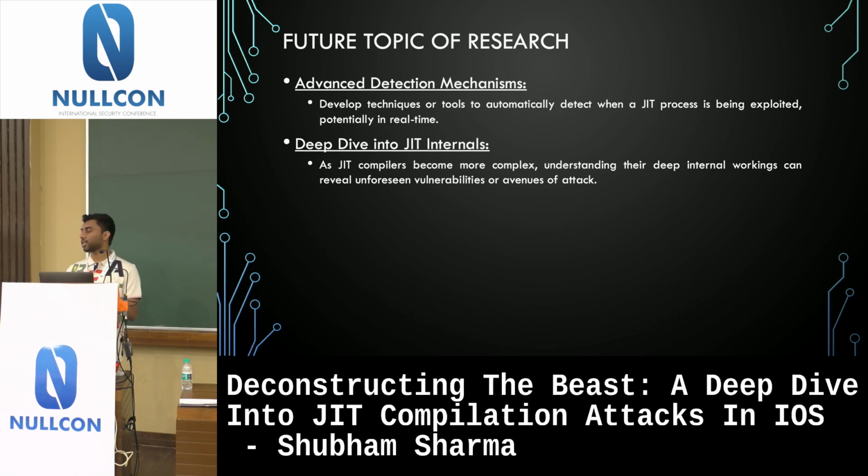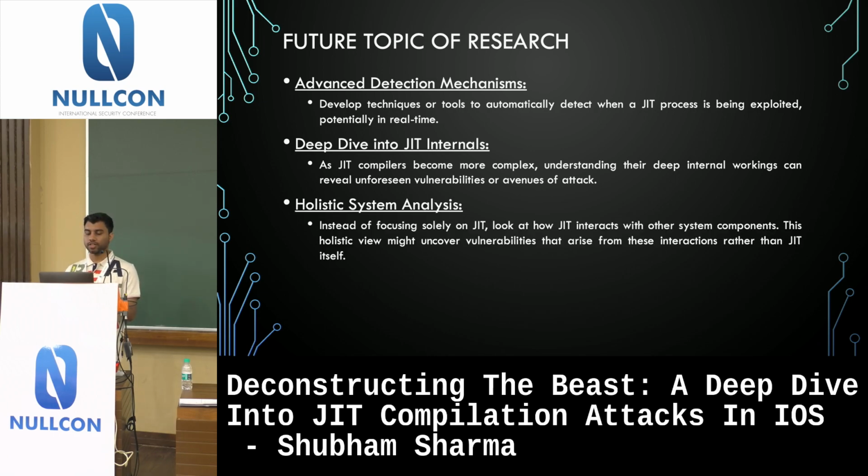Another could be looking in more detail at how exactly just-in-time compilation works. Another could be system analysis, how JIT compilation affects other iOS systems, maybe the alarm, stopwatch or clock, or whether an attacker can attack from the Safari browser to other such components.